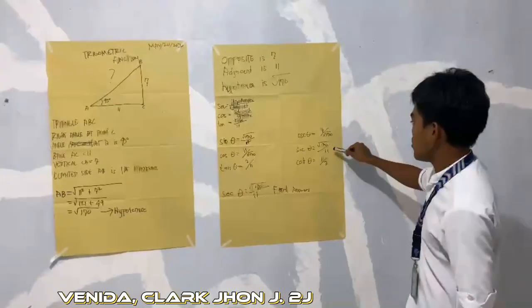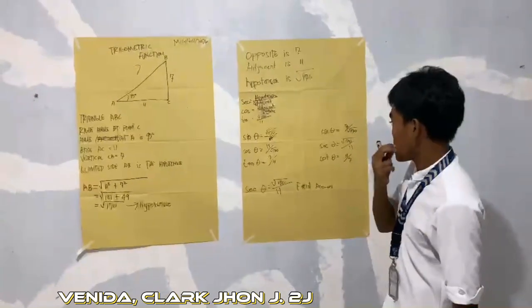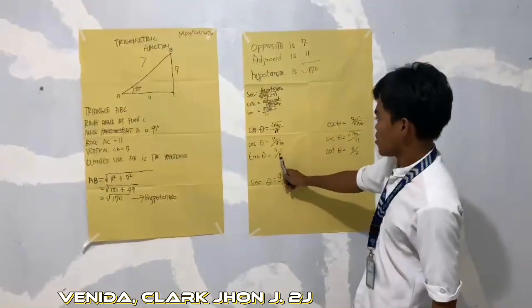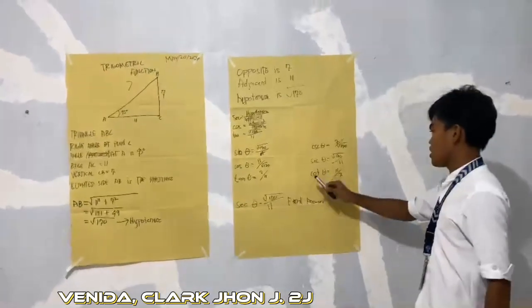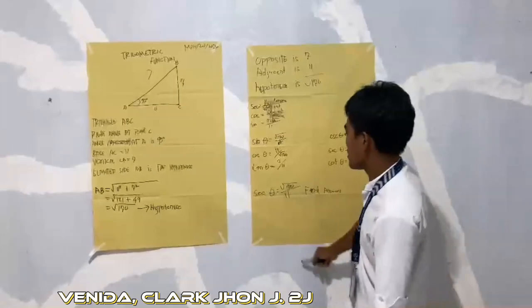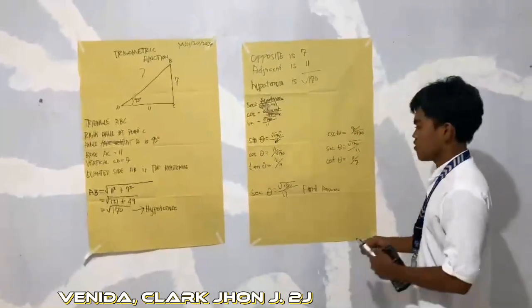The tan is 7 over 11 and the cot is 11 over 7. So the final answer is square root 170 over 11. That's the final answer.